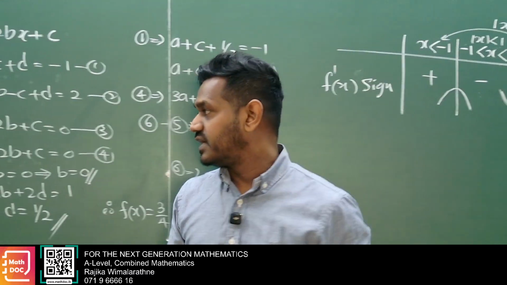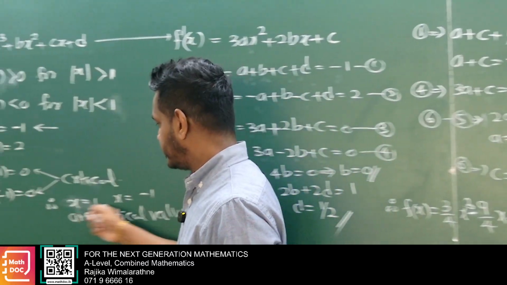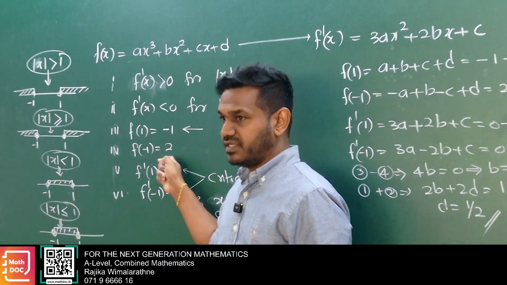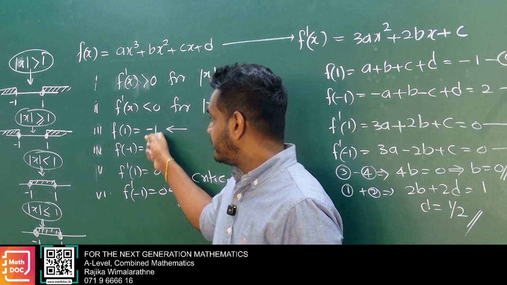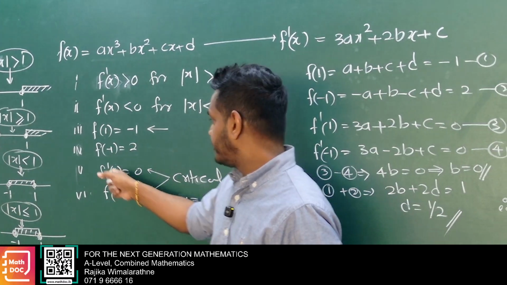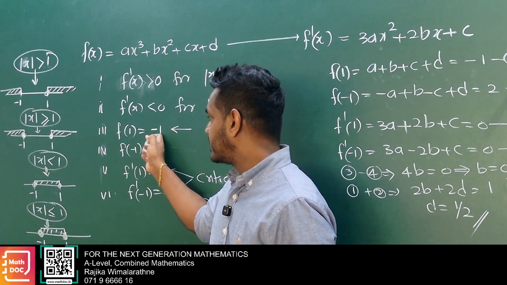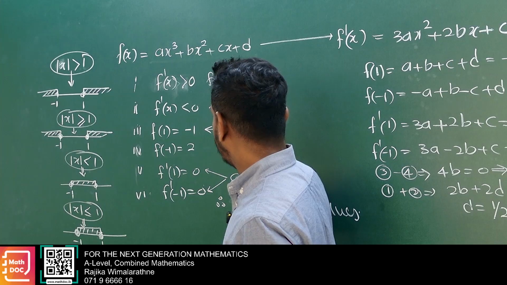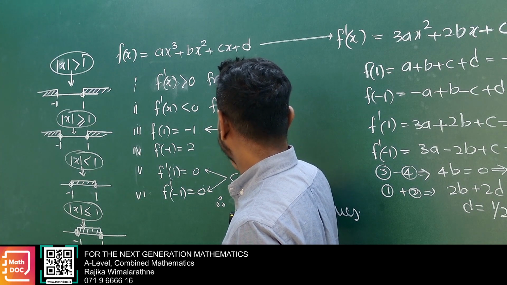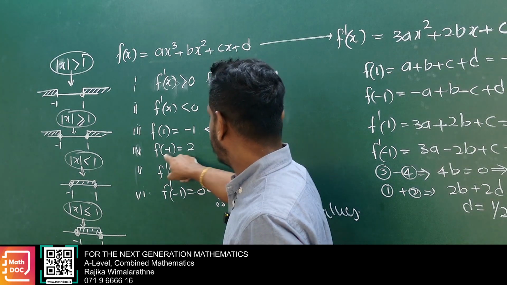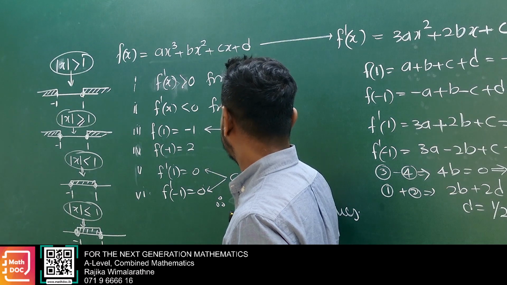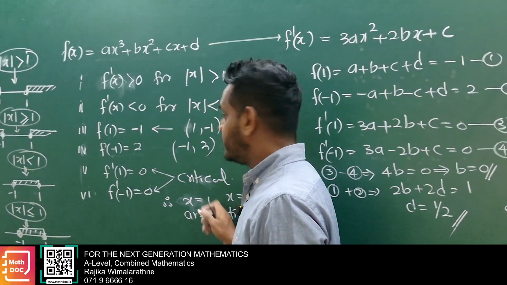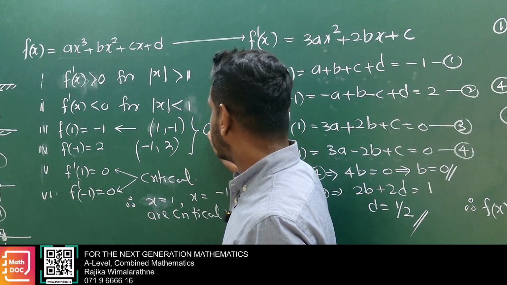Then here we have critical values 1 and minus 1, and the corresponding y values are given. Therefore, we can identify the critical points: minus 1, 2 and 1, minus 1.